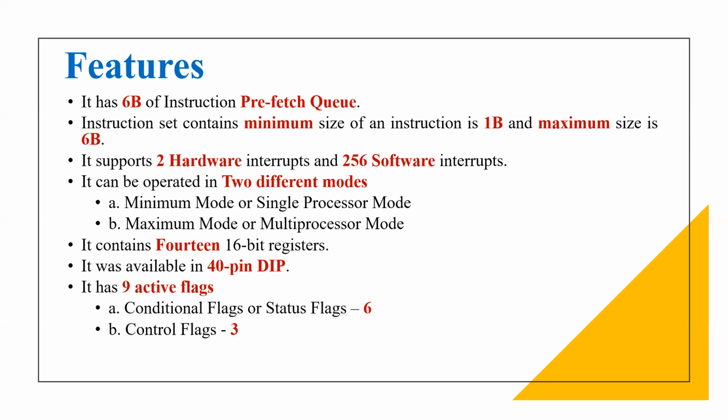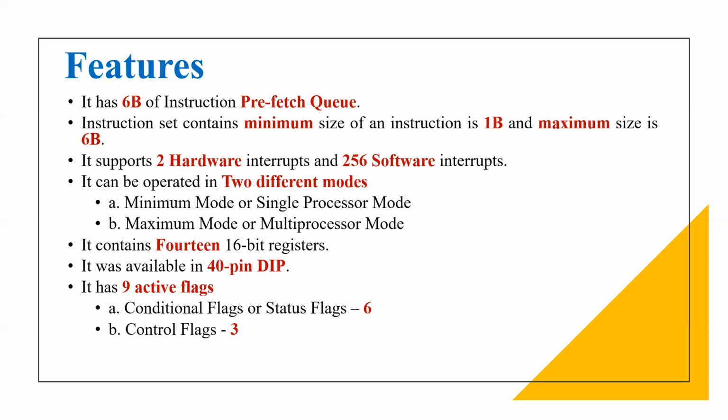And the next one is it supports 2 hardware interrupts and 256 software interrupts. Here, 2 hardware interrupts means your 8086 can receive hardware interrupts from external I/O devices with the help of 2 signals. The 2 does not indicate that the interrupts are generated by 2 devices.